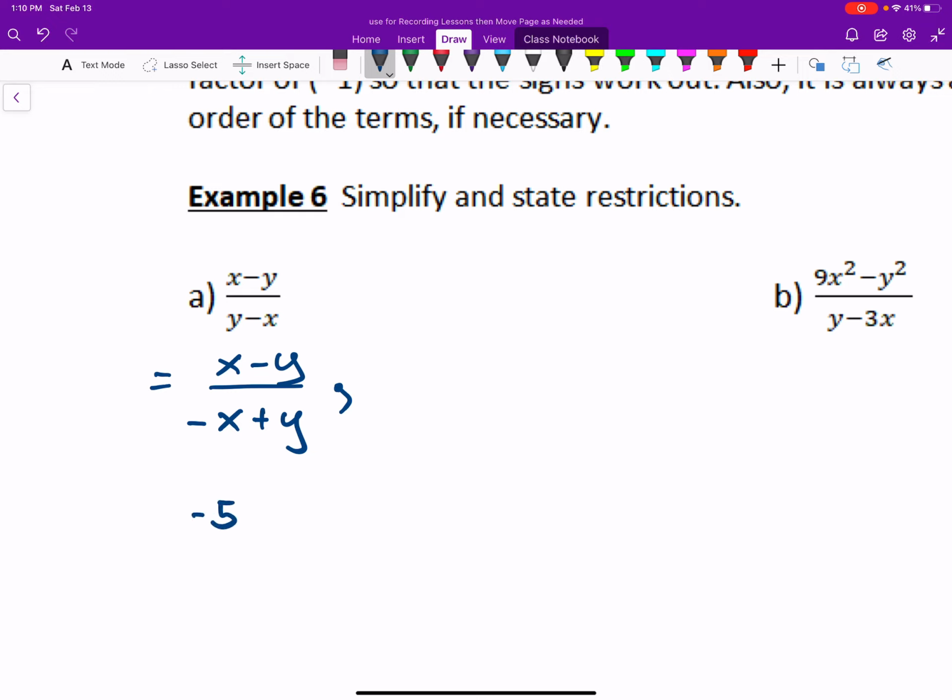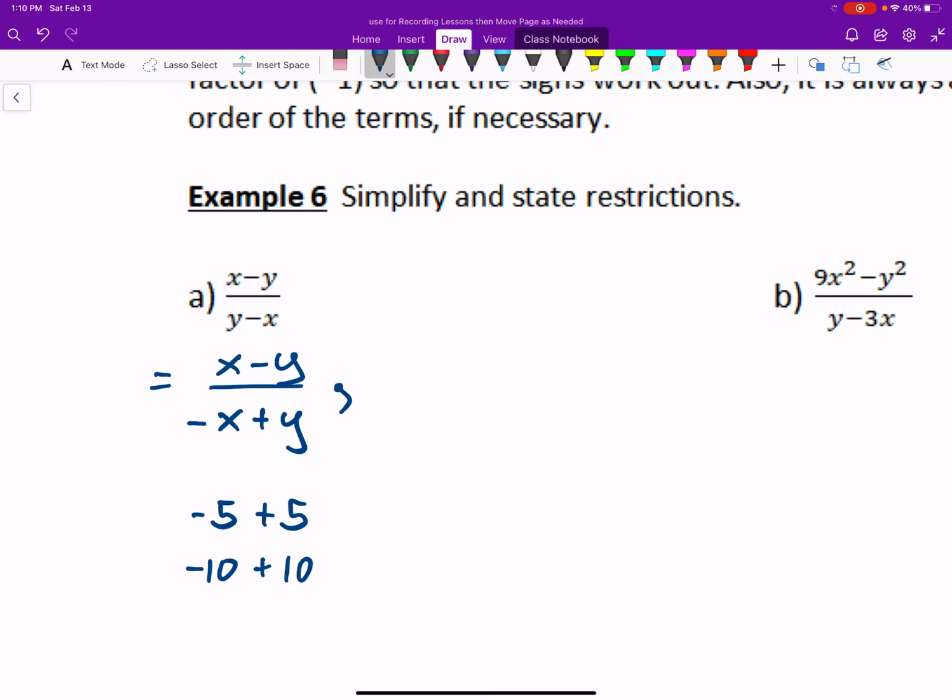If x equaled 5, then the denominator is going to equal 0 if y also equals 5. Right? Negative 5 plus 5 would be 0. But I just picked that number. What if x equaled 10? Well, then I'd have negative x, negative 10. And if y also equals 10, then again I'm going to get the denominator equals 0.